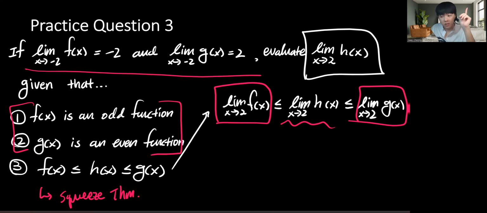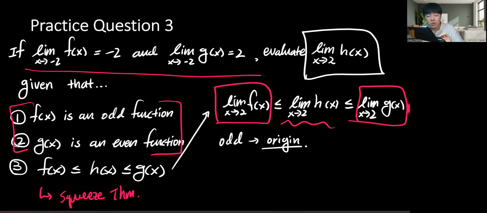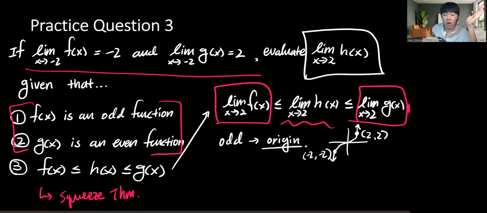Then f(x) is an odd function. This is something that you need to review. If it's an odd function, it's reflected by the origin, which means it's like a cubic function. So let's say this value is (-2, -2), then on the other side you're going to have (2, 2). That's what it means by odd function.